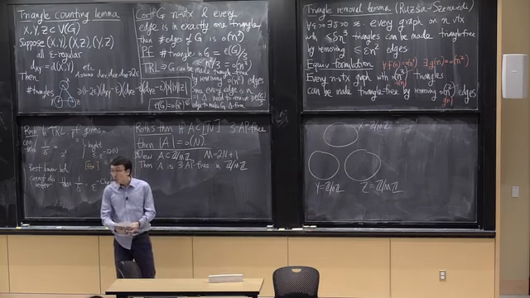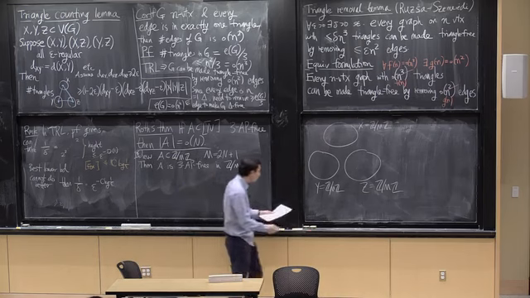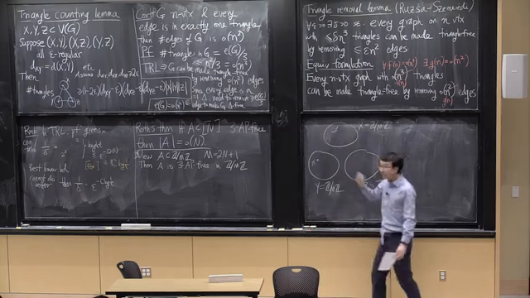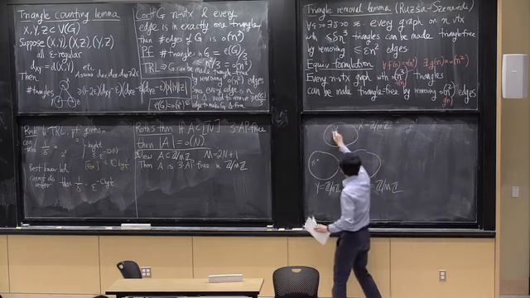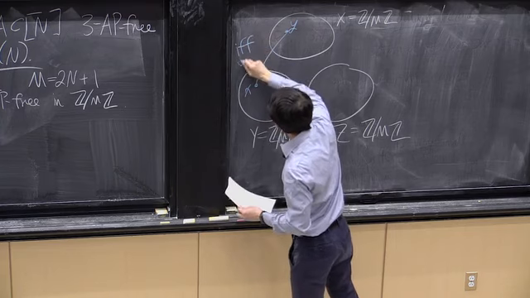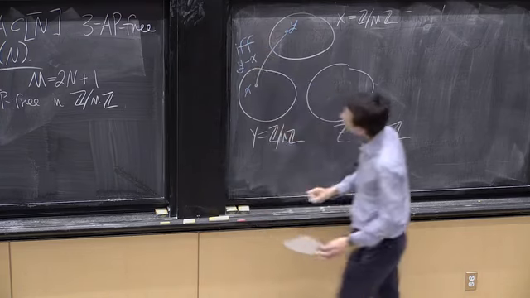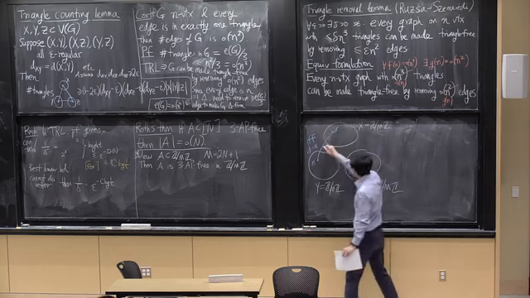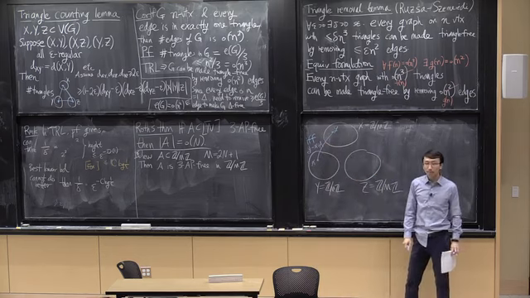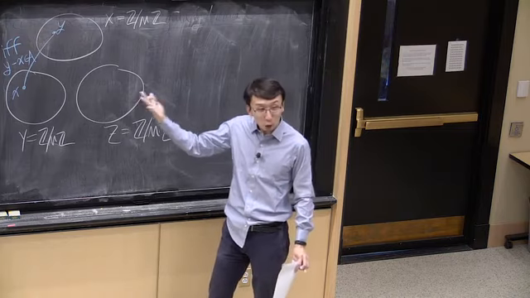And then I need to tell you what are the edges of this graph. So here are the edges. I put in an edge between vertex x and y if and only if y minus x is an element of A. Okay, so it's just a rule for how to put in the edges.